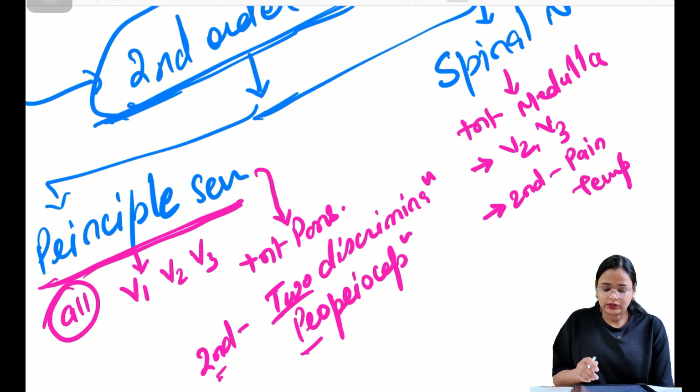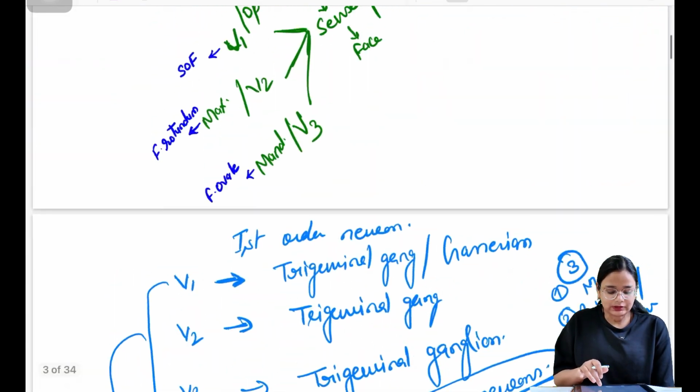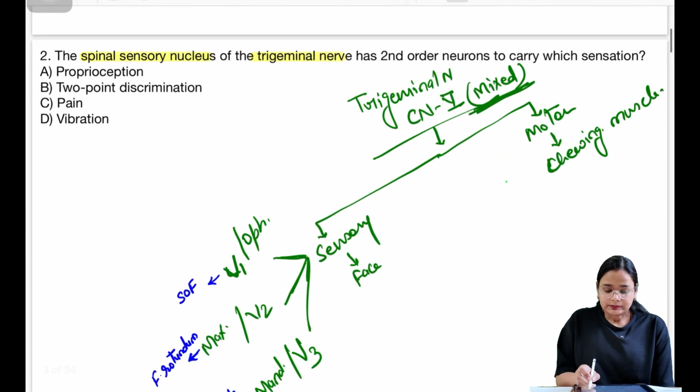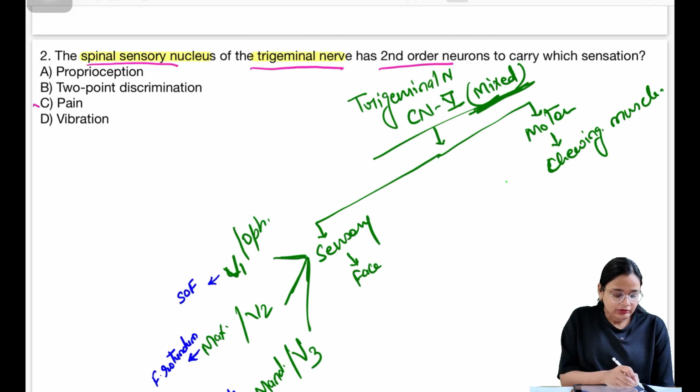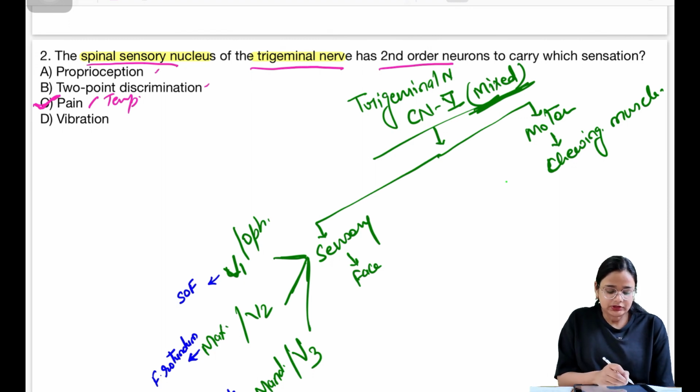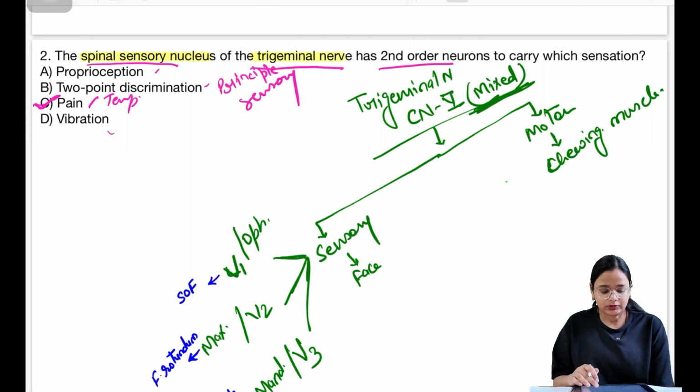So in the question they have asked us about the spinal sensory nucleus of the trigeminal nerve, which sensation its second order neuron carries, and the answer will be pain. Pain and temperature will go to the spinal sensory nucleus, while proprioception, 2-point discrimination and vibration will go to the principal sensory nucleus. So this is the correct answer for question number 2.